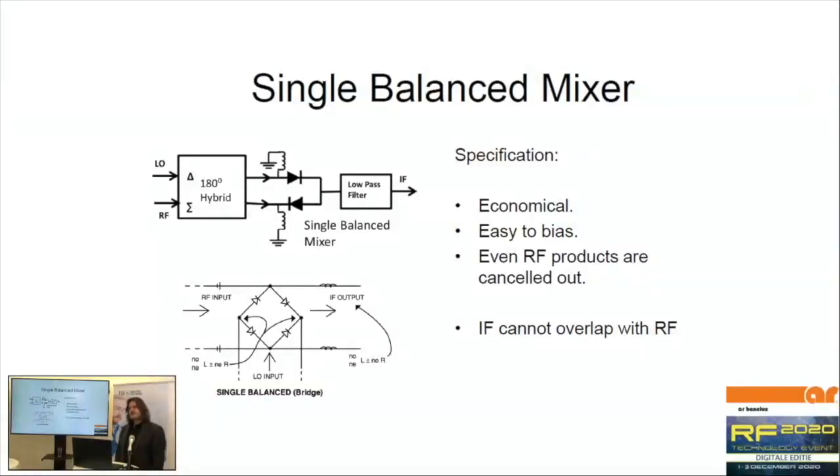It's economical, easy to bias, and the even RF products are cancelled out. Normally the third order modulations are still in, so you have to do some filtering in front or beyond. The main disadvantage of this one is that the IF cannot overlap with the RF.